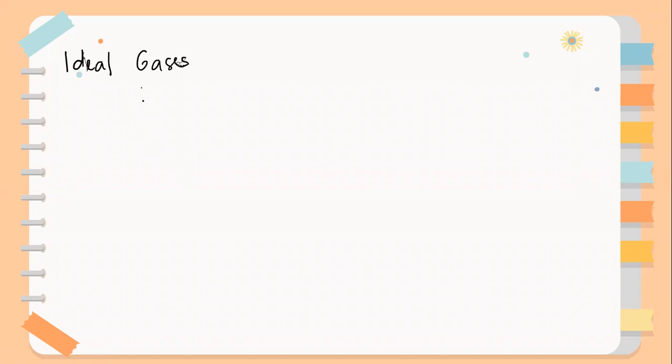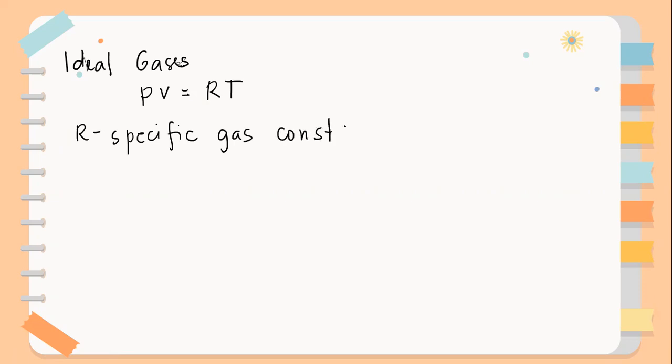We have PV is equal to RT, where R is the specific gas constant. Okay. We have the formula for the pressure times volume is equal to mass: PV is equal to MRT, where R is the specific gas constant.